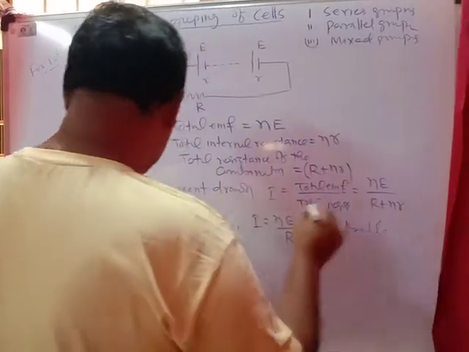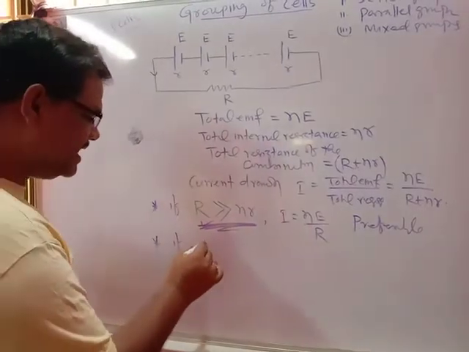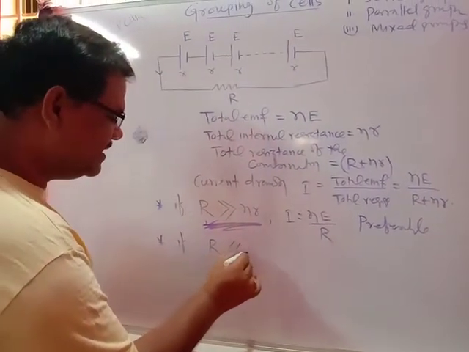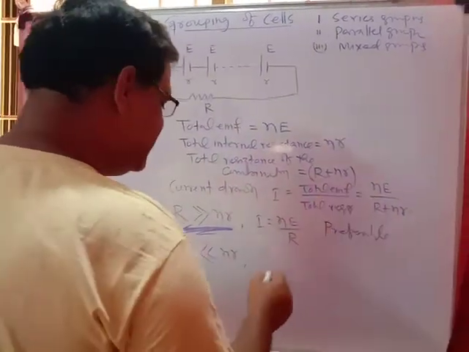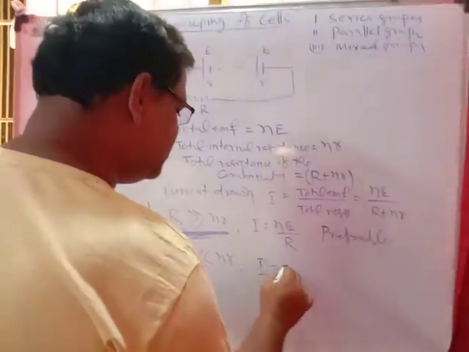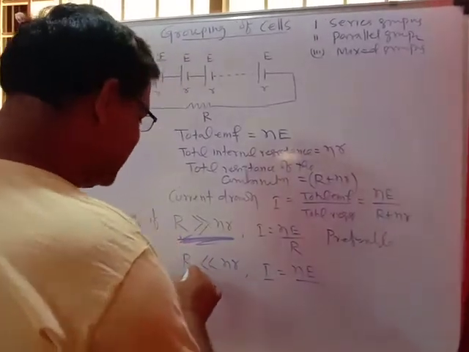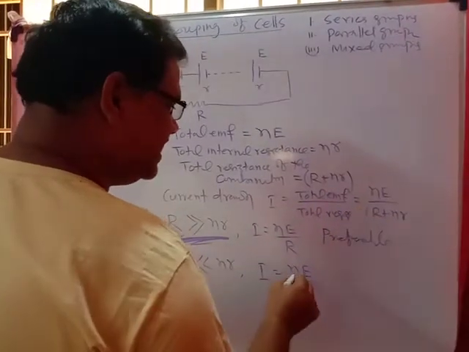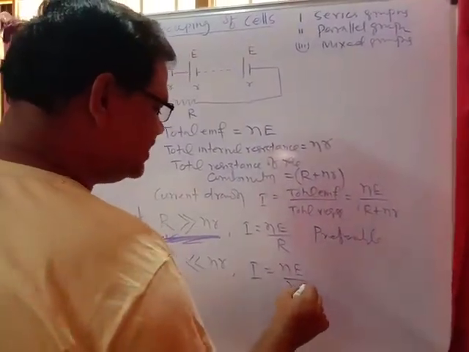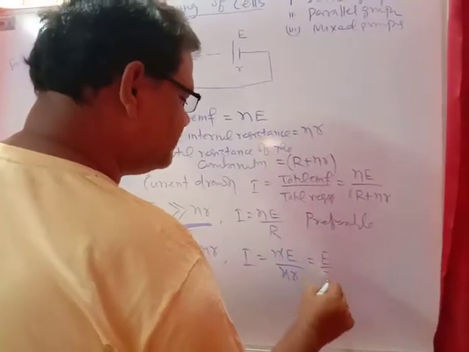Another case is if capital R is very much less than the total internal resistance, so capital R will be neglected. Then what will be the current? The current will be NE upon Nr, as R is neglected, taken as zero. So N cancels, and that is E upon small r.